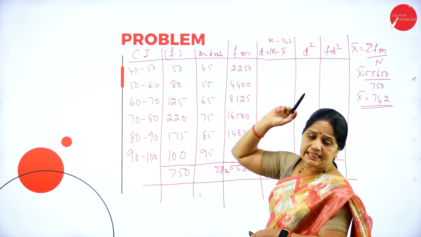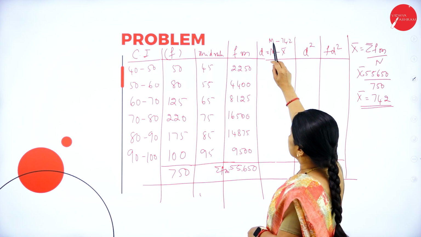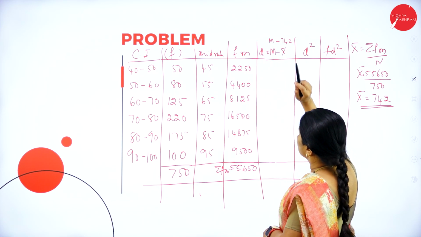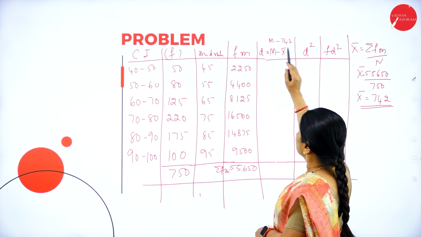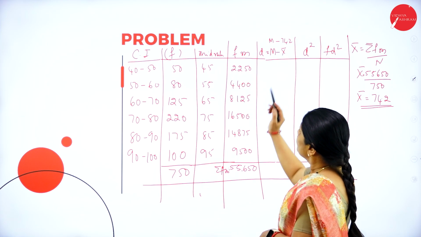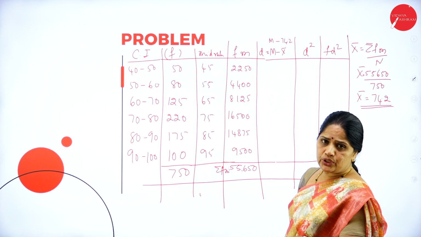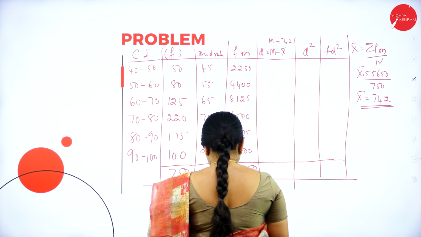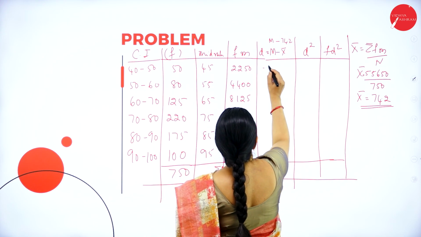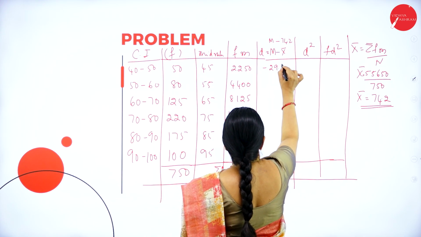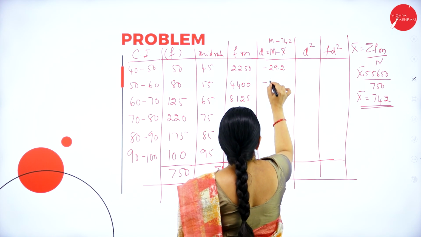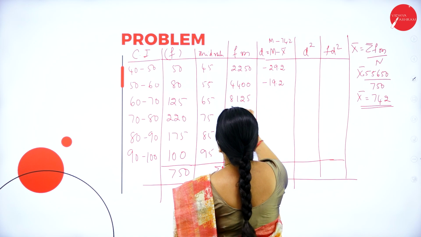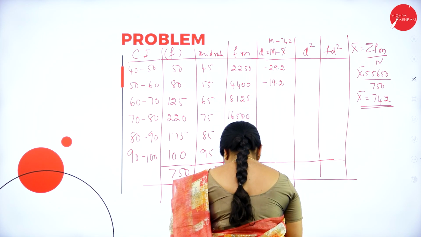Now, I have to find the D column. D column means mid value minus the mean. So mid value minus 74.2. So 45 minus 74.2, 55 minus 74.2, 65 minus 74.2. So this will come up to minus 29.2, minus 19.2.